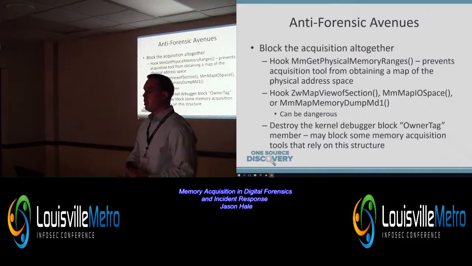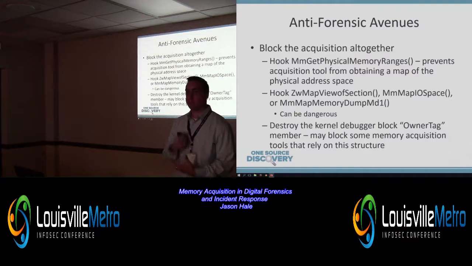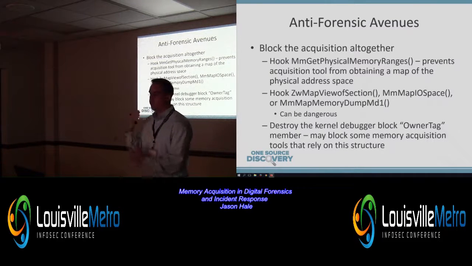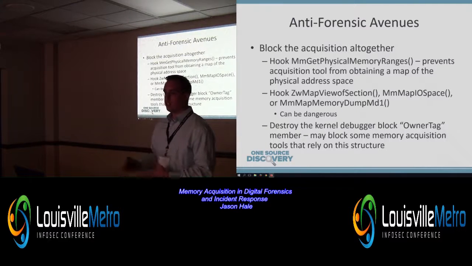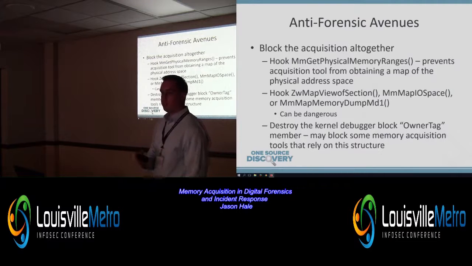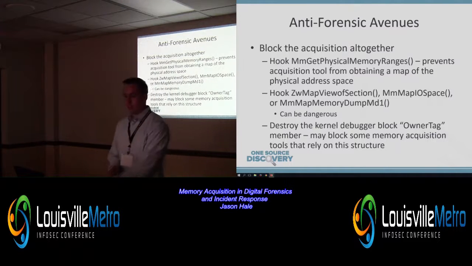But essentially, whenever your tool says, hey, I need a map of the physical address space, I need to know what's RAM, what's DMA regions, and so on, if you just block that call altogether, then your tool doesn't know what to do, and it stops at that point. So it really depends on how well the acquisition tool is written as to whether it freezes the system or it has a more silent fail.